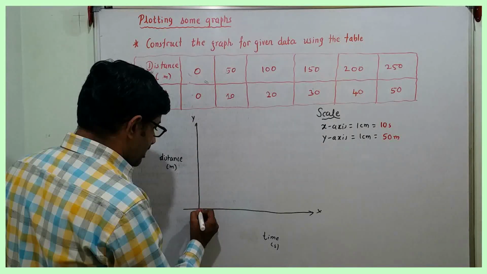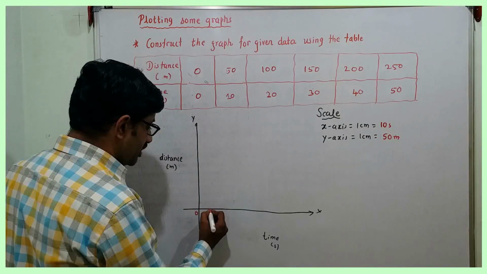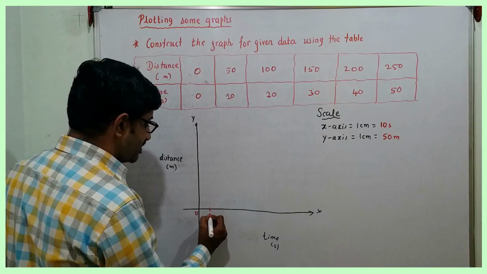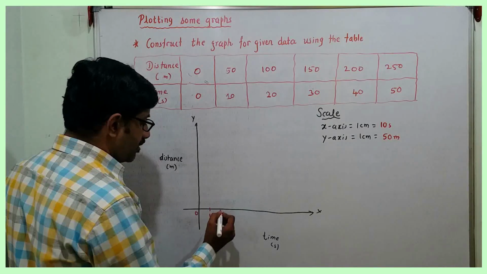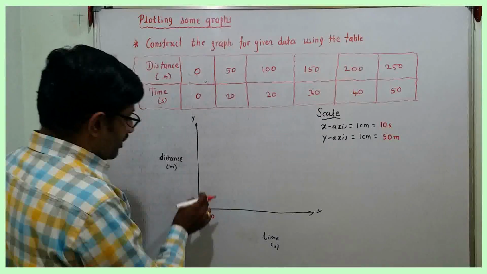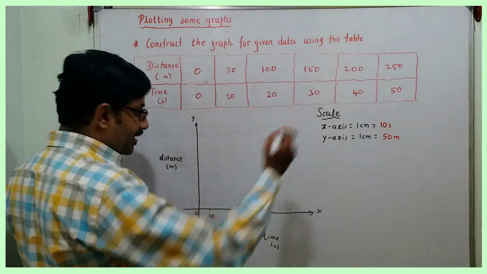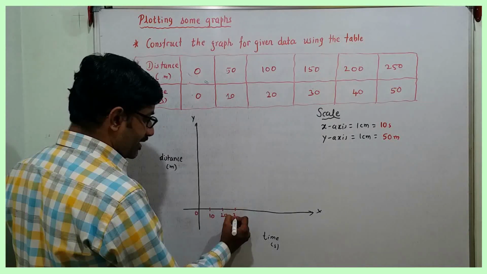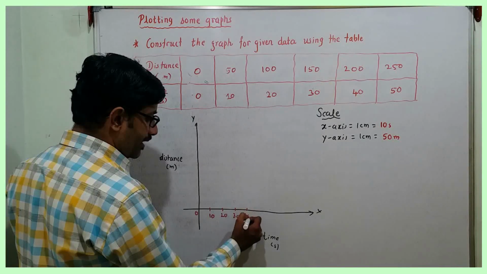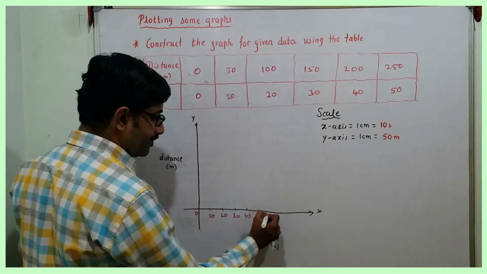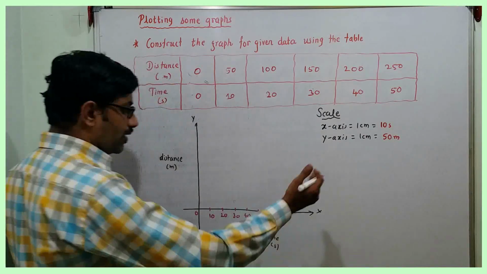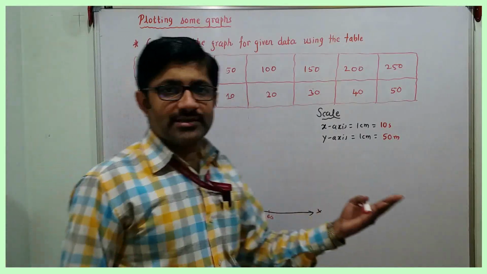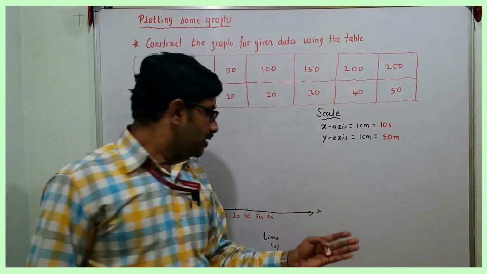Okay, so this is the zeroth line or origin, and this has to be our first centimeter in the graph. On the other hand we have 10, 20, 30, 40, 50, 60. You may take one extra, as I said, that gives you a comfort zone.